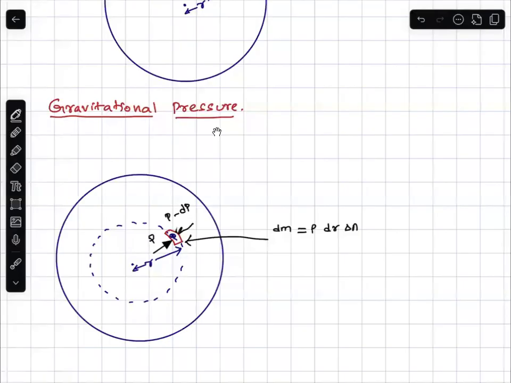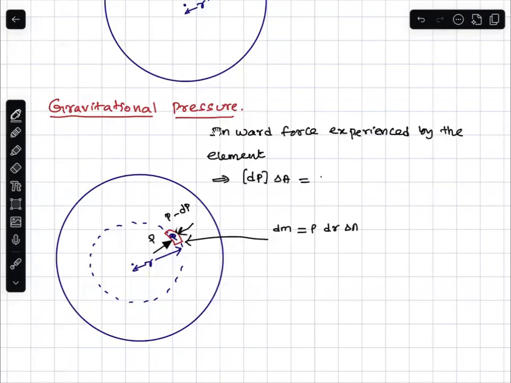That is the pressure above and below. Now, what is the force, inward force experienced by the element? This is nothing but difference of pressure dP, very good, into area, which is nothing but E times dm.